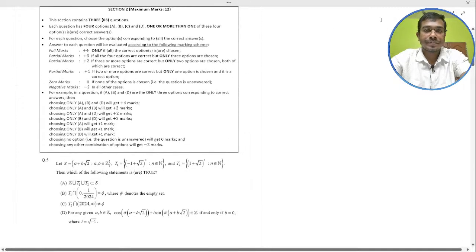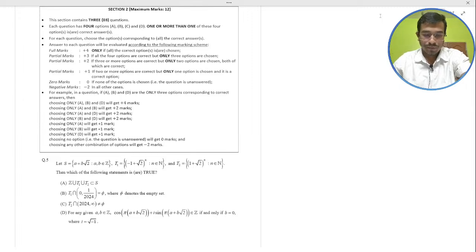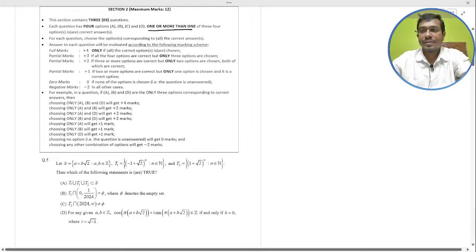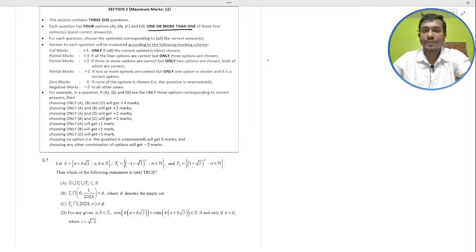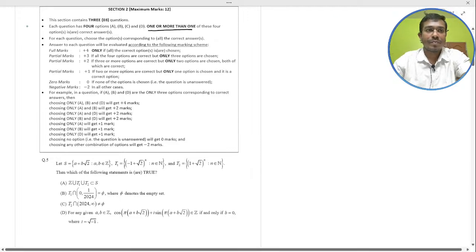Next, Section 2, 3 marks question. One or more than one option is correct. This is basically the MSQ, multiple select question.